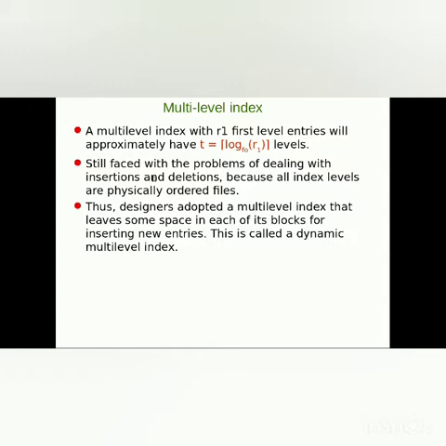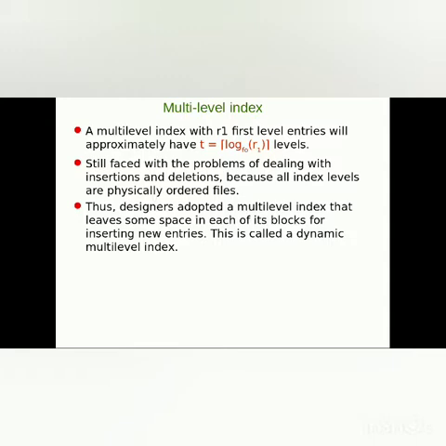Even though this multi-level index is good, we are still faced with problems like insertions and deletions, because all index levels are physically ordered. Once it is physically ordered, you cannot add more than the capacity of that block structure.